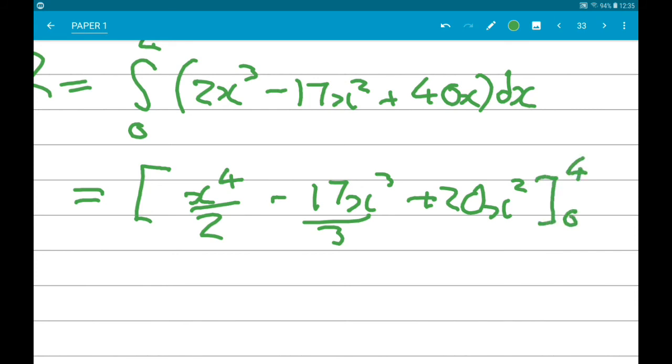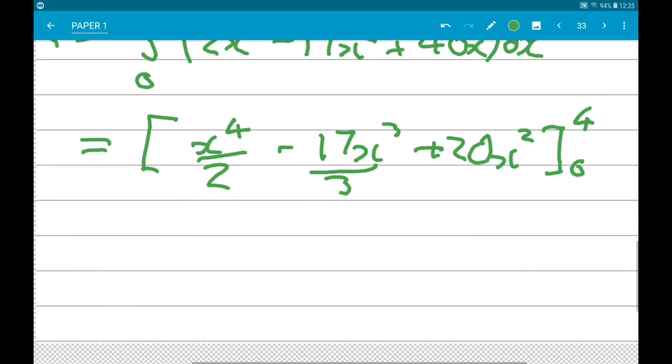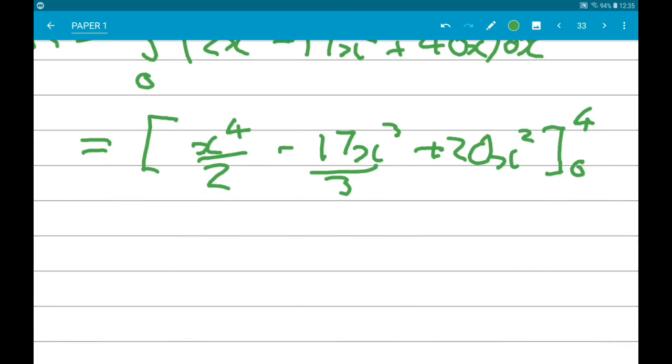Okay, so now we just need to plonk in x equals 4. So we are going to get 4 to the power 4 is 256. 256 over 2 is 128.